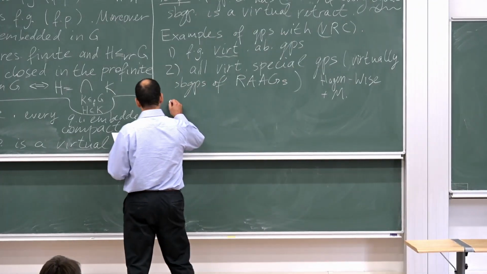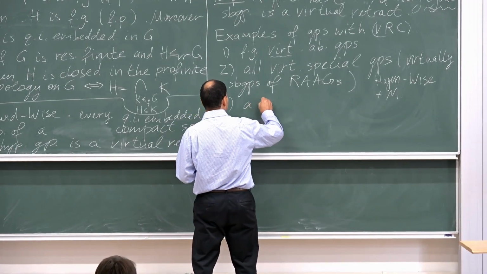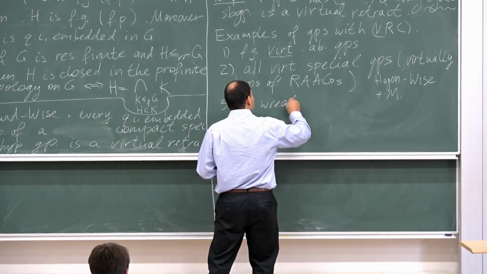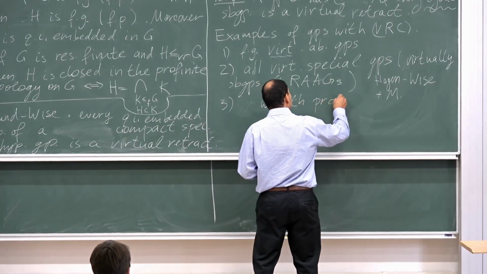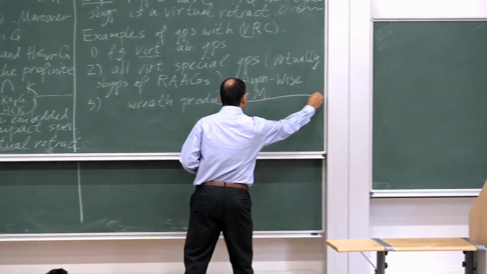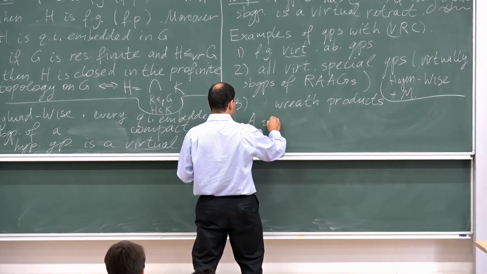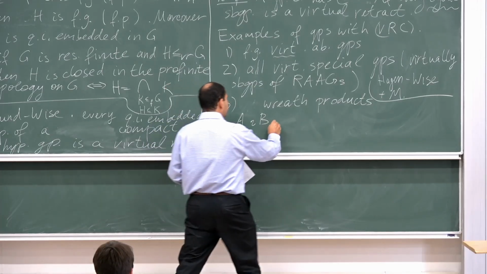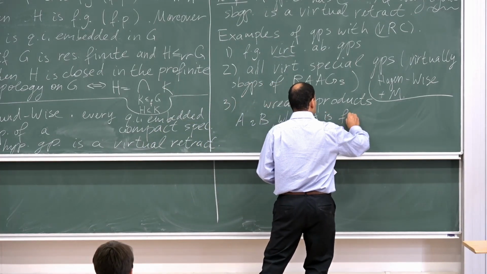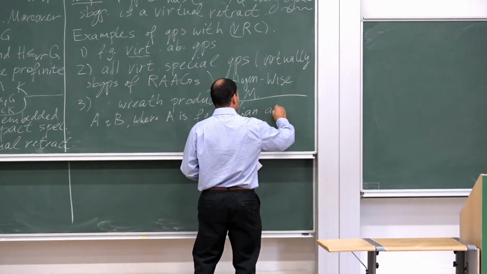So, of a different flavor, here's an example. Wreath products of the form A wreath B, where A is finitely generated abelian, and B has VRC.